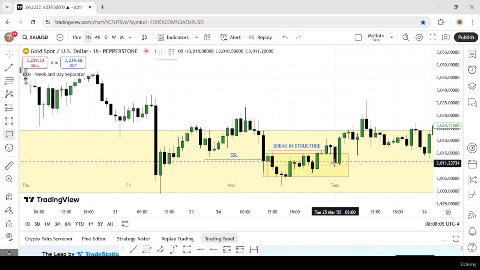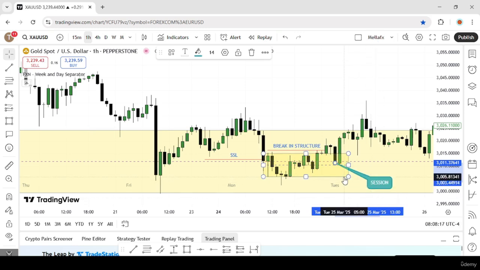The time in which we get back into this breaker should be during session, either the London or the New York. I prefer the London or the New York session. The stop loss should be below the low of this breaker, this up close candle, and the entry should be at the high of this breaker.